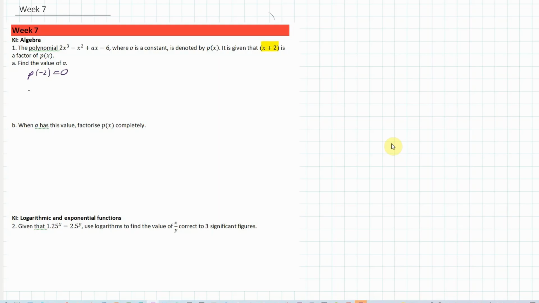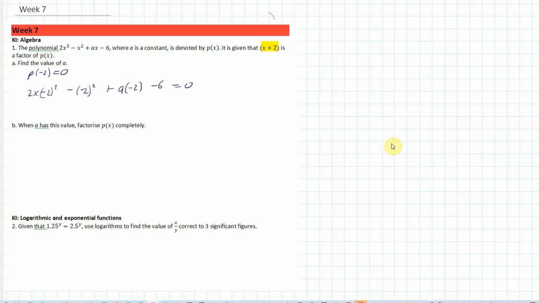So all we need to do is 2 times negative 2 all cubed, minus negative 2 all squared, plus a times minus 2, minus 6 ought to equal 0.